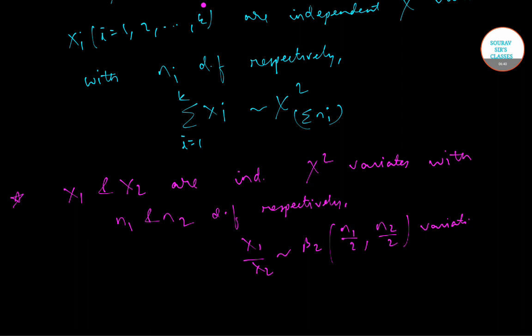So x1 by x2 is a beta 2(n1 by 2, n2 by 2) variate.